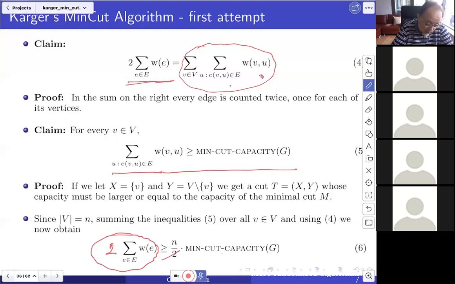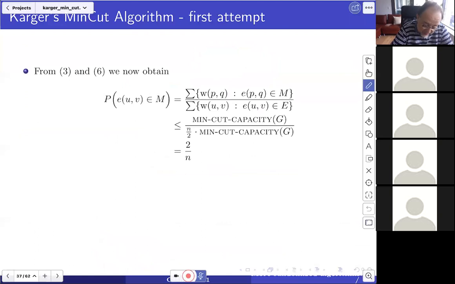You see, these are all very crude estimates. It's a very, very simple algorithm and simple calculation.